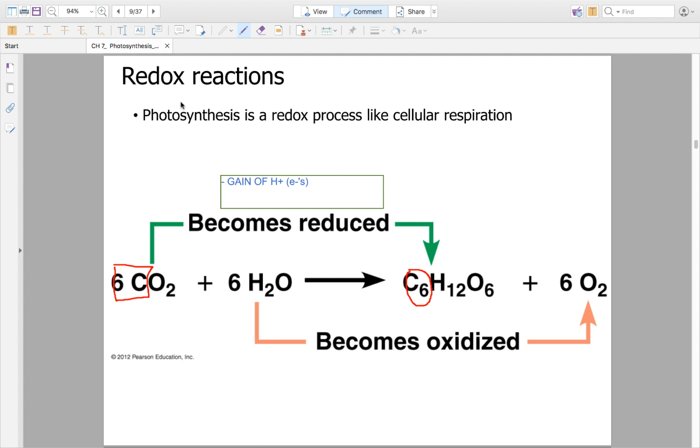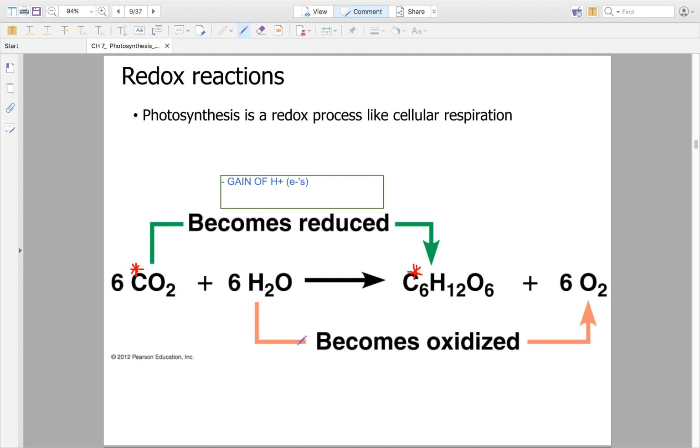So if I were to radioactively label these carbons and carbon dioxide and then allow a plant to perform photosynthesis and then analyze the glucose made, these 6 carbons over here would also be radioactively labeled. Okay, so that's just a fact.